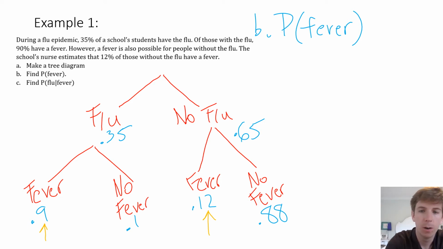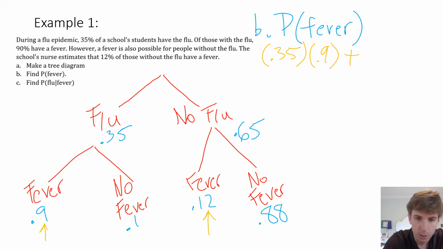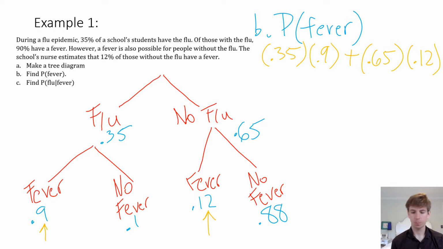So first we'll have the probability that someone has the flu and the probability they have a fever, 0.35 times 0.9, plus we're multiplying down the other branch that ends in fever. So no flu, 0.65 times fever given no flu, 0.12.